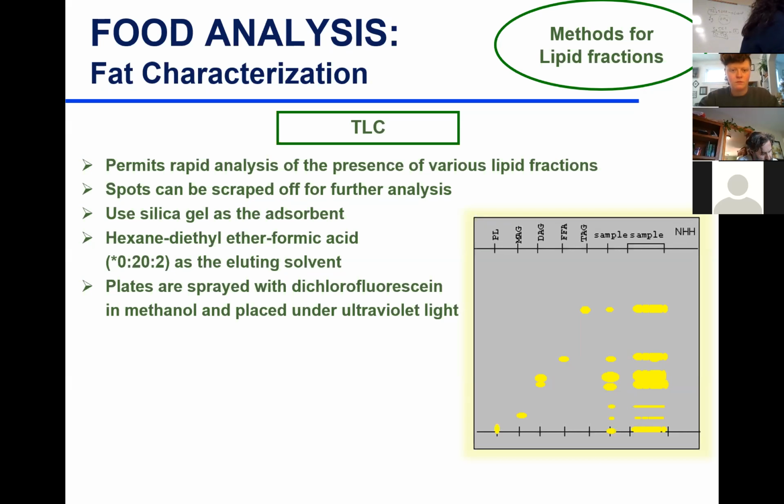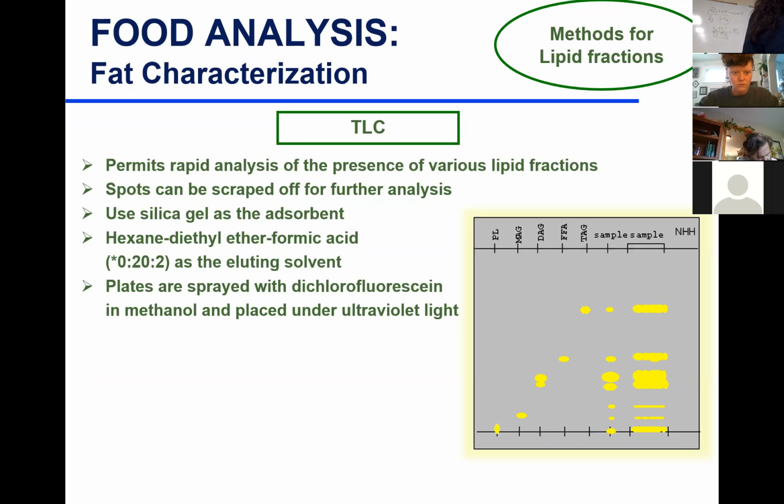You can see that phospholipids are the most polar lipids, so they barely move. Monoacylglycerol is less polar than the phospholipids, and the polarity decreases from phospholipid to monoacylglycerol, diacylglycerol, fatty acids, triglycerides, and so on.